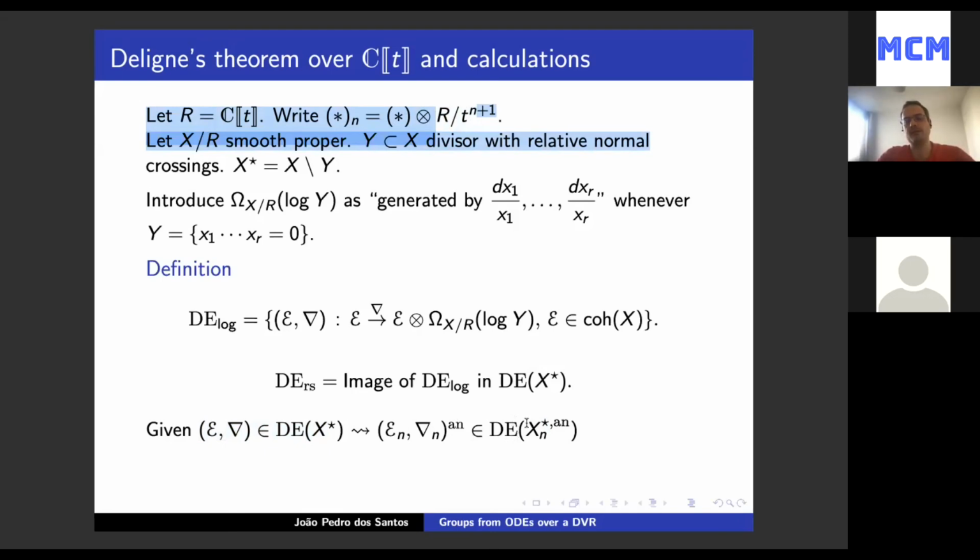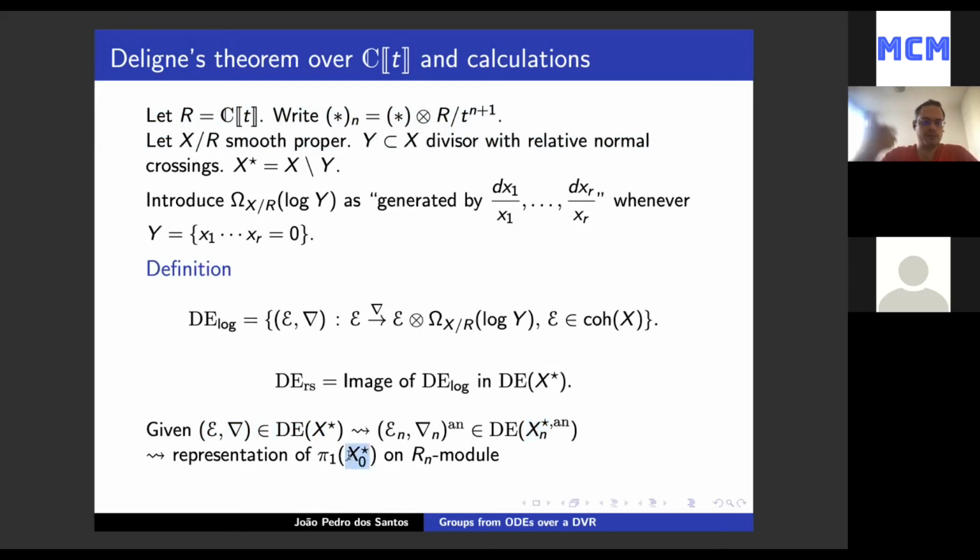This gives me a representation of the topological fundamental group of this space. But the topological fundamental group of X_n star is just that of X_0 star, because this is an infinitesimal deformation. So you get a representation of pi_1 on R-modules passing to the limit, and this is what I call the monodromy. You stack them up and you get the monodromy.